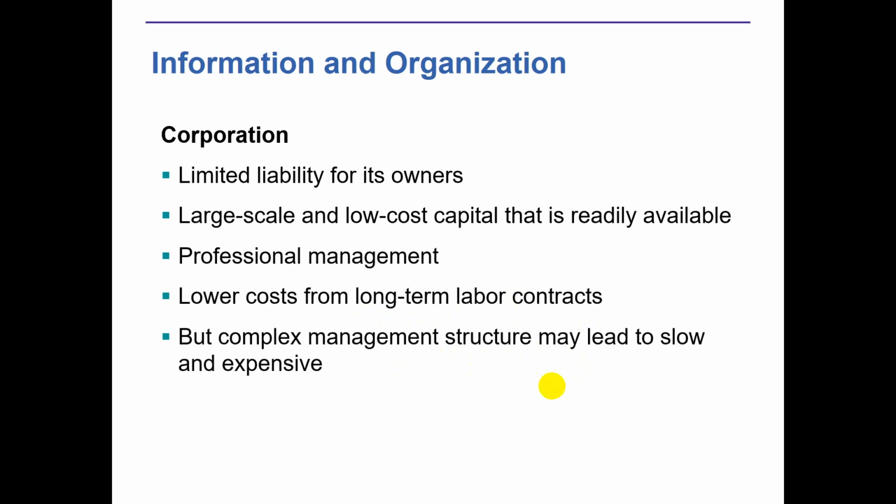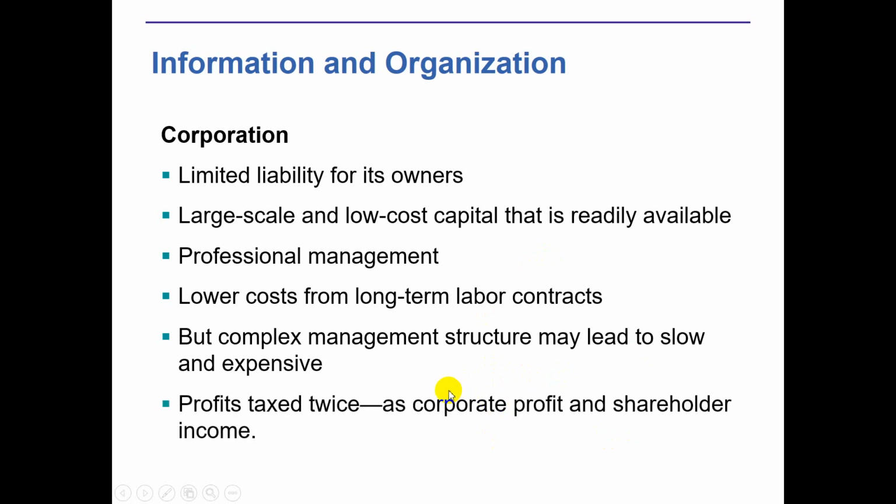But the problem is the complex management structure can slow the process and be a bit expensive, because they need to follow the managerial hierarchy. Another disadvantage is that profits are taxed twice, as corporate profit and as shareholders' income tax.